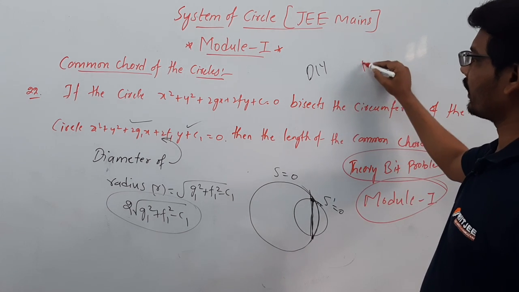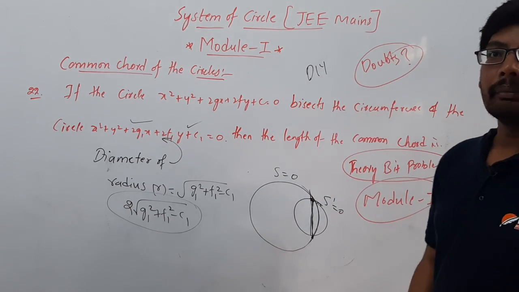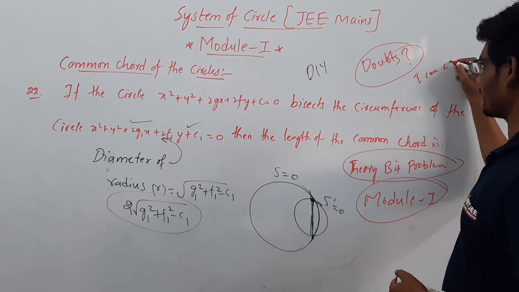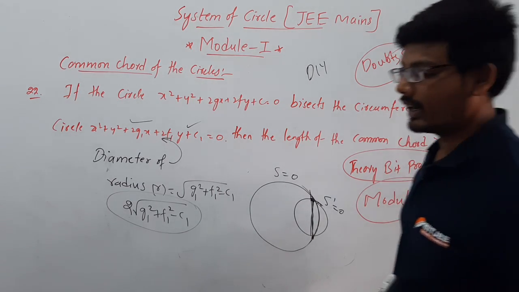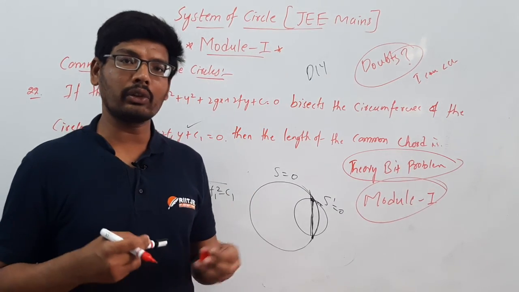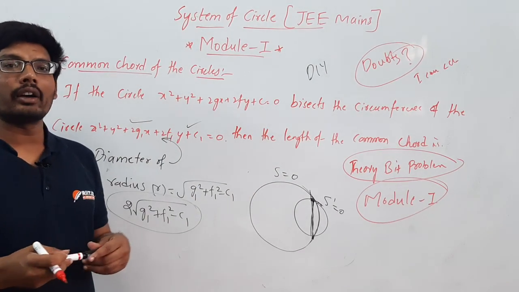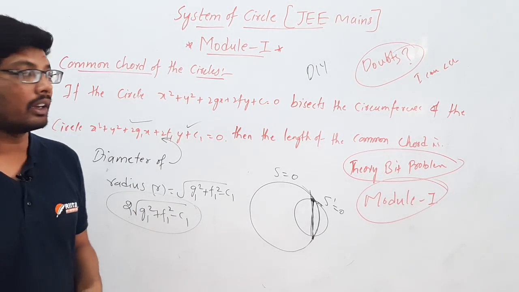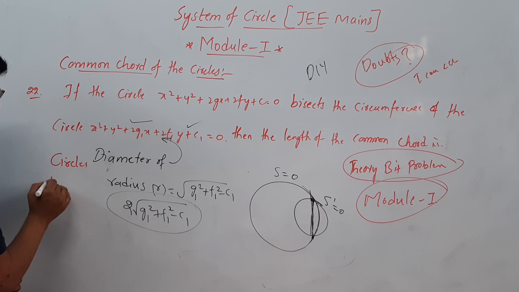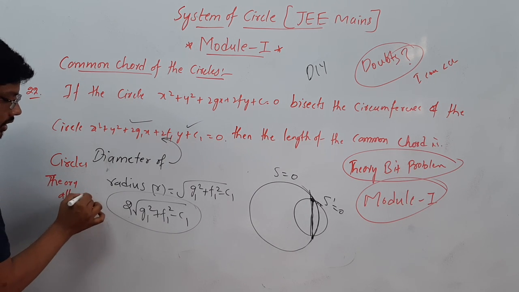If you have any doubts, please ping me in the group and I can clear all your doubts. Try to solve all the questions by your own, without looking at answers. Then only you are able to crack all different types of questions and complete all circles problems, theory bit problems, and all modules also.